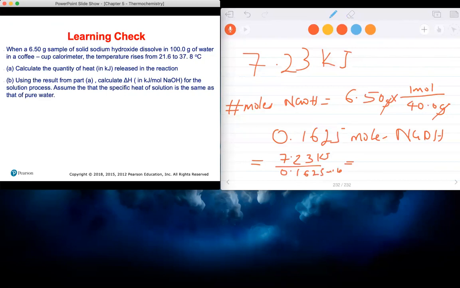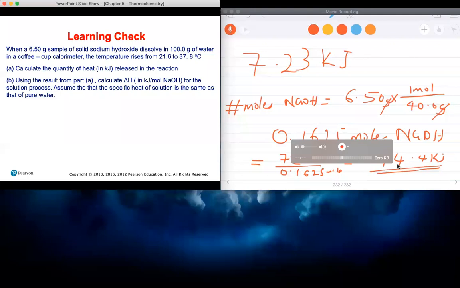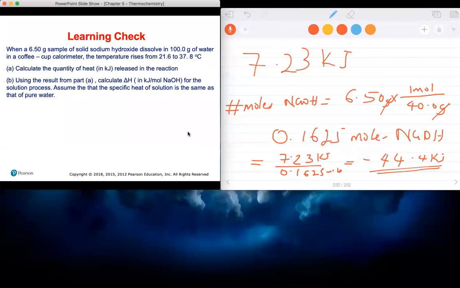If you look here, it is given off, it is exothermic. So the result is negative, 44.4 kilojoules per mole, for an exothermic reaction. Why am I putting it negative? To show that the reaction is exothermic. How do I know it's exothermic?